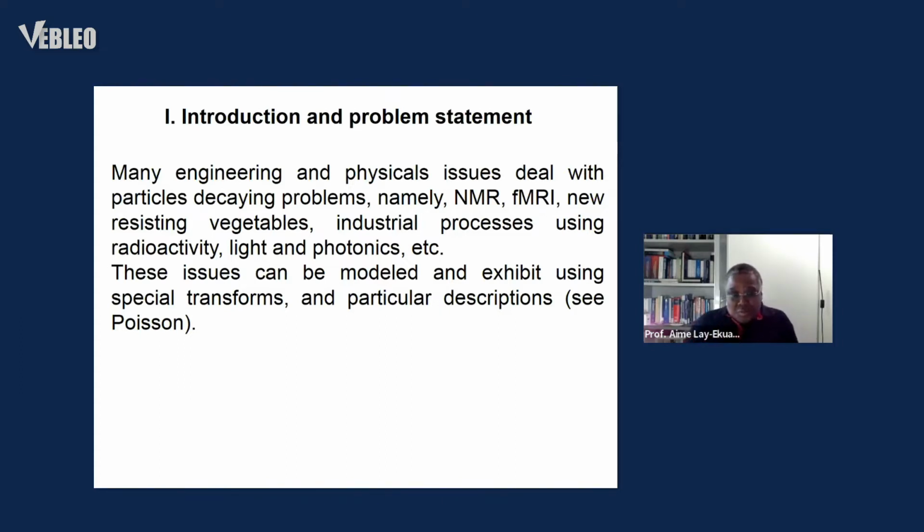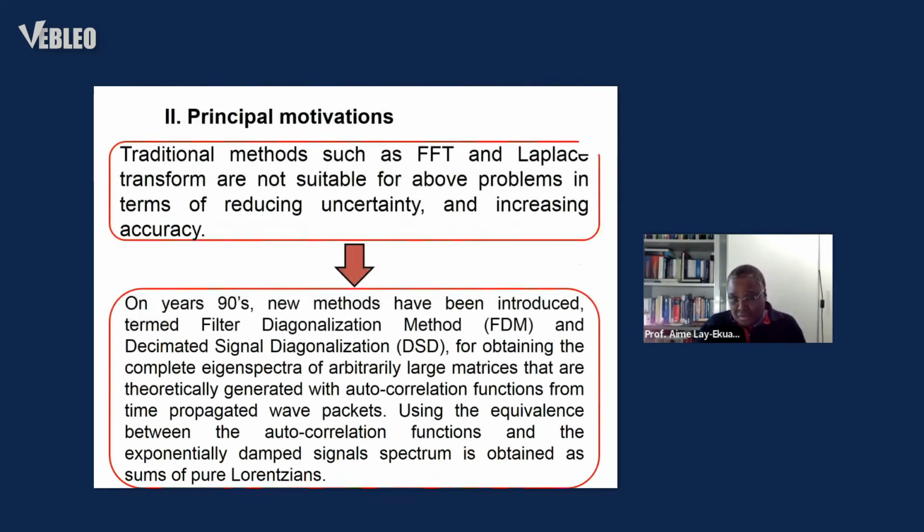So the problem is, what is the distribution? All these issues are connected to Poissonian distribution. So there is a decaying process we have to face. It is a challenge.